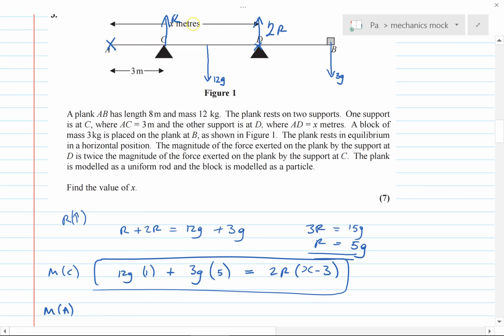So we'd have R times 3, that's going anti-clockwise, plus 2R times x, that's also going anti-clockwise, is equal to this one going clockwise, so that's 12g times 4, plus this one going clockwise, which is 3g times 8.